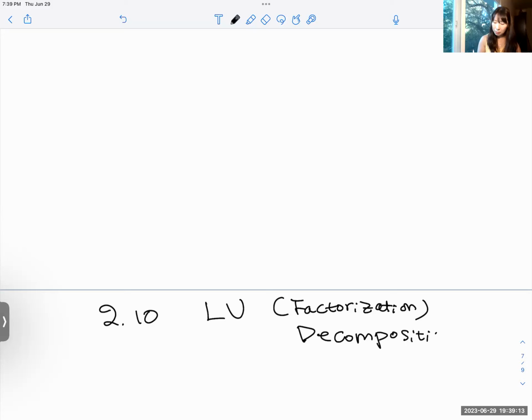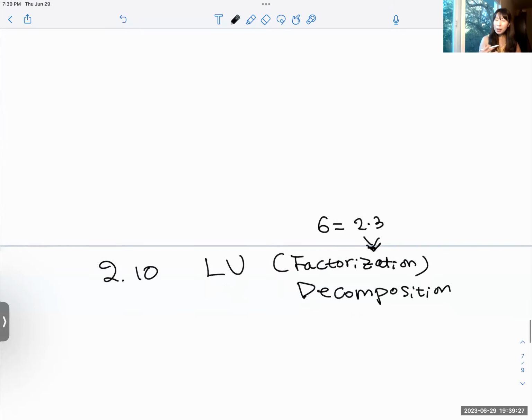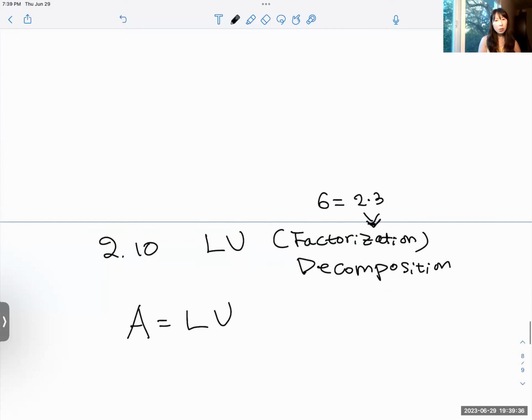We know what factorization means because we have 6, then 2 times 3, that is factorization, right? If we have a matrix, we can put it in LU form, right? So that's why we have LU factorization, LU decomposition, all right?